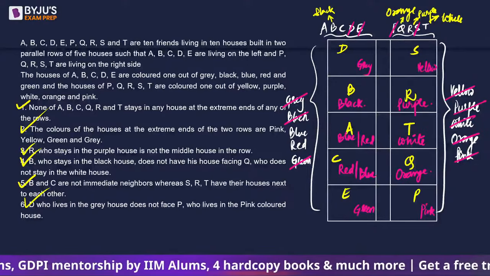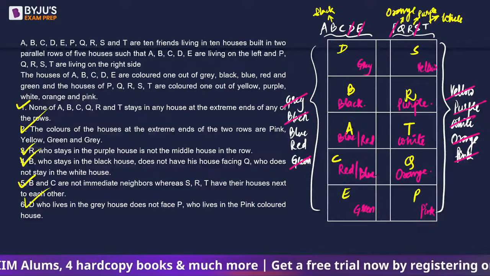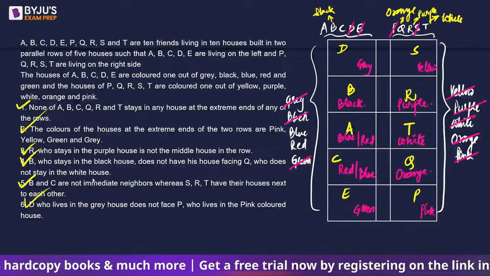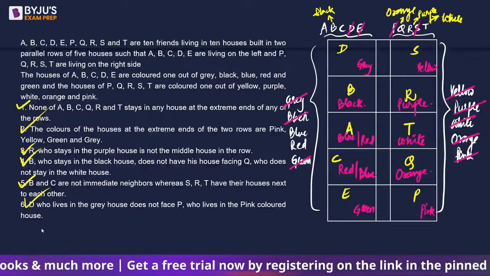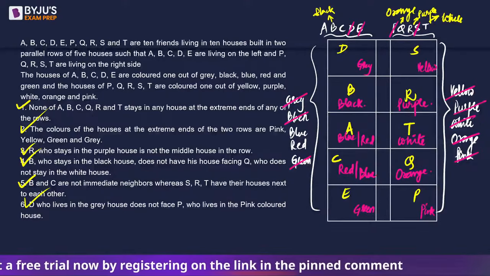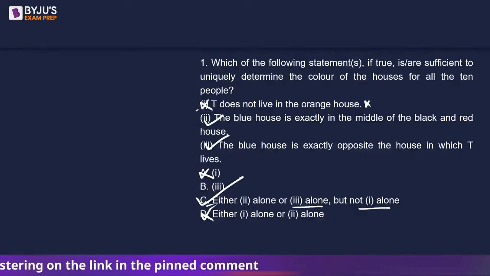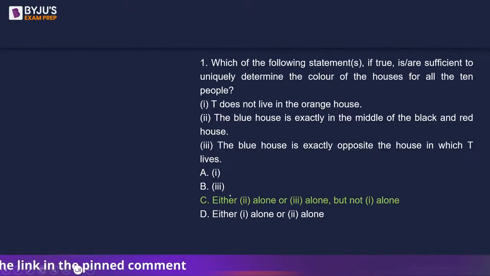So in each of the 3 possibilities, 1 alone से नहीं आएगा answer, 2 alone से we will get the answer, 3 alone से we will get the answer, right? So, C होना चाहिए आंसर. So, C is the answer.